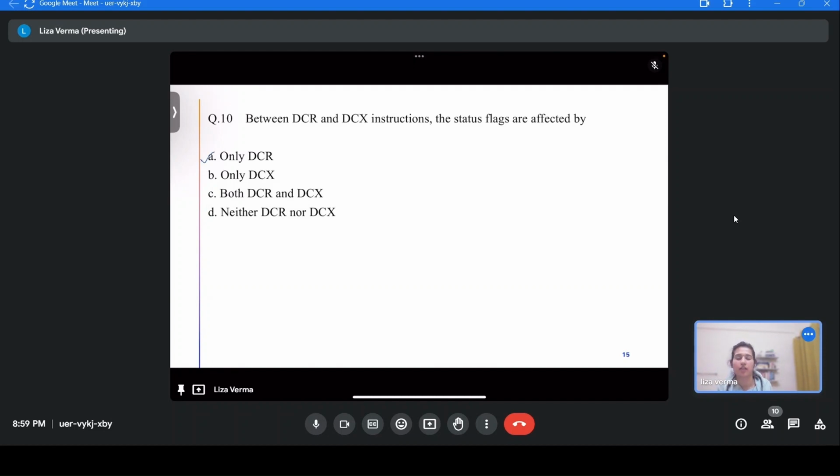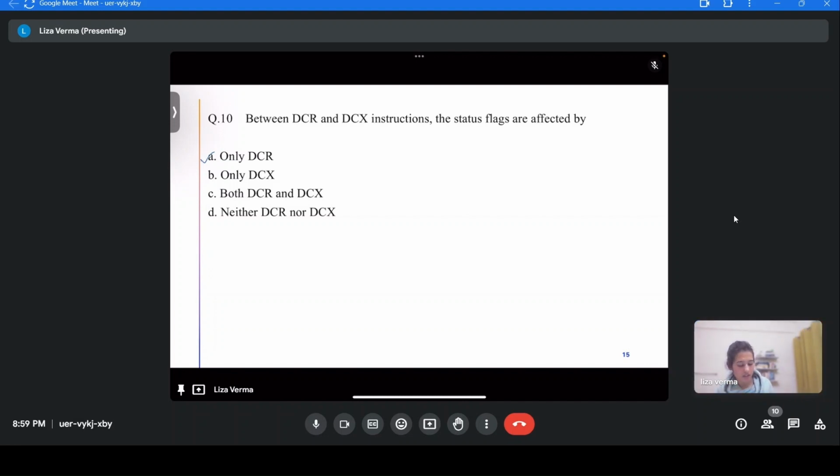This is the correct answer, but why is it not affected by DCX? DCX is done using a register pair, while DCR is done on a single register.